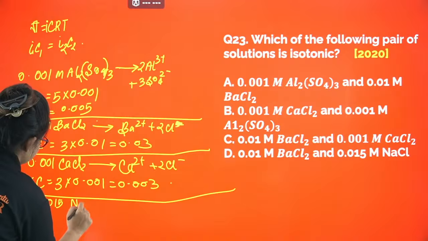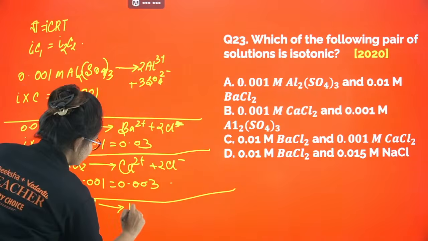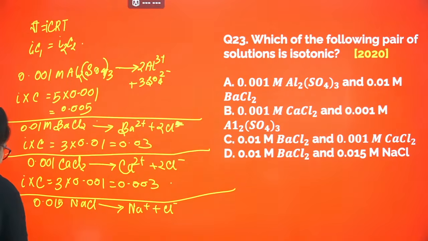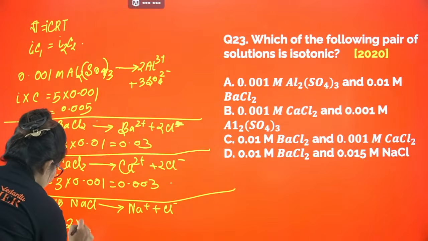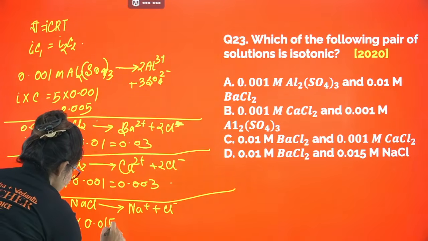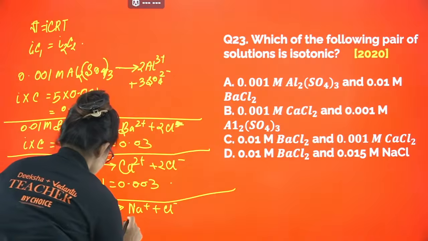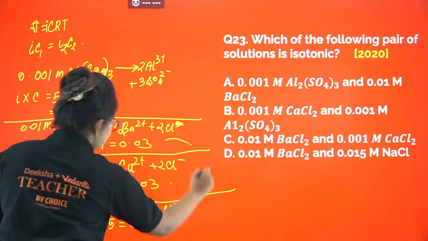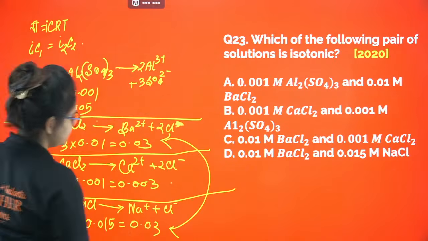0.015 NaCl. If you break it down, Na+ and Cl-, so i value is 2. So i into C, 2 into 0.015, will give you 0.03. Yes, I got it. So these two are matching, right?